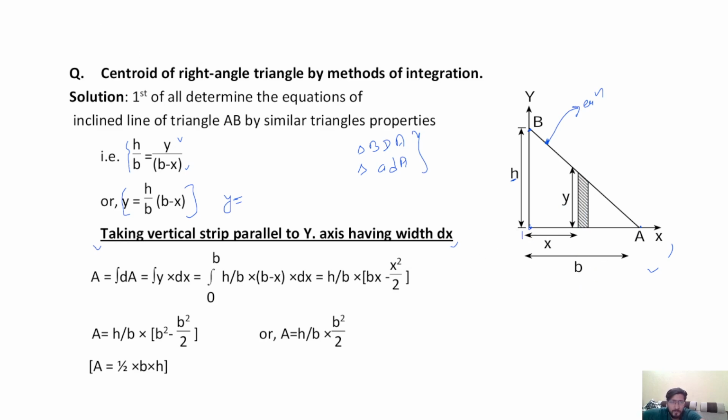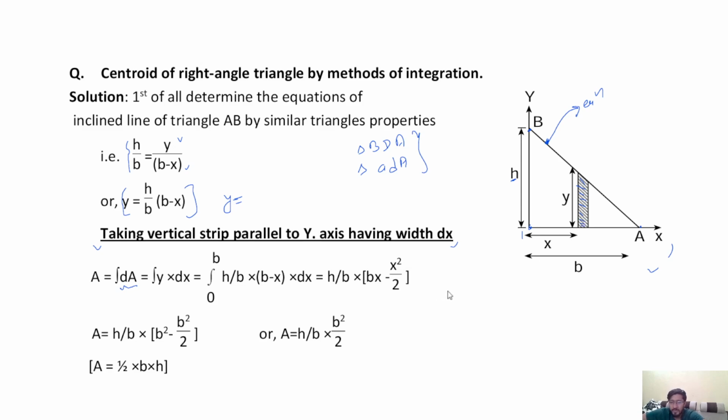So we first find the area of the triangle. That means area is equal to the integration of this small area dA, the small strip dA. We consider this small strip and integrate them to find the area of the whole figure.